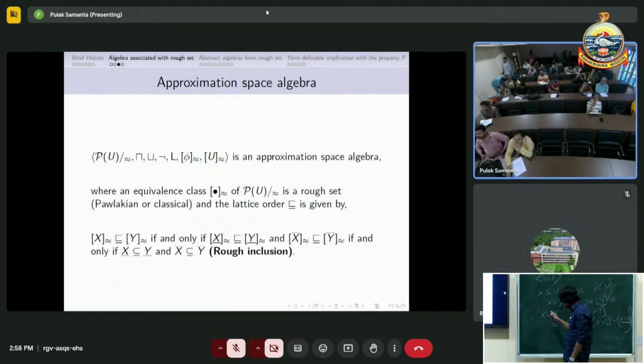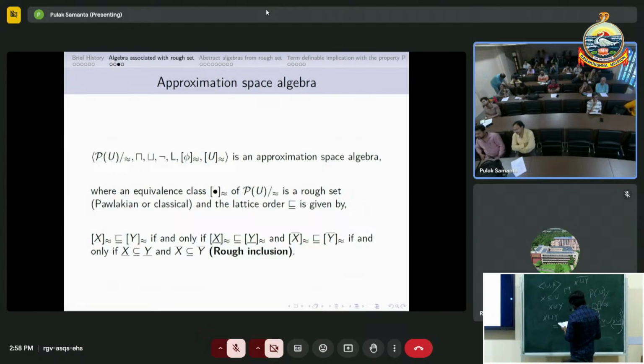Similarly, we can define this operator, and we can easily prove this definition is well defined. These two results are very interesting, and we will be using them.